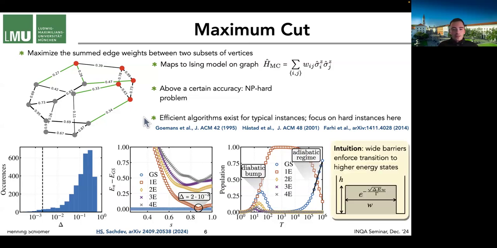And to again look at some intuition here, you can imagine that you have some wide barriers in your optimization landscape where you cannot tunnel through anymore, and hence you really have to thermally activate and go up in energy, and that's intuitively what happens here at this avoided crossing. So you're kind of forced to go up in energy, and you cannot adiabatically explore, say, the optimization landscape.